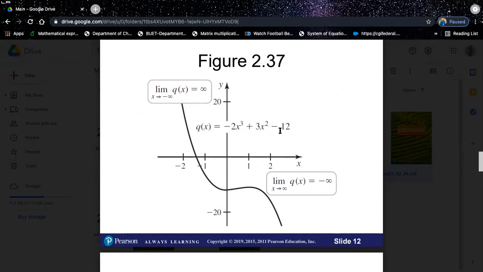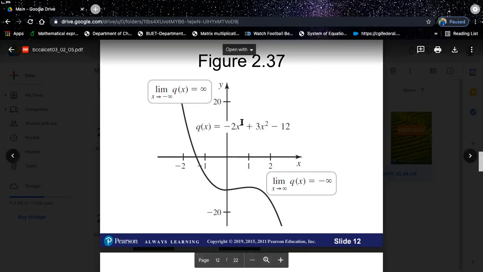That's a polynomial. Why? First of all, we have three terms. The first term is negative 2x cubed. The second one is 3x squared. And the third one is negative 12. We have added these together with the help of either a plus or minus sign. So we have three terms here. This gives us the first condition.